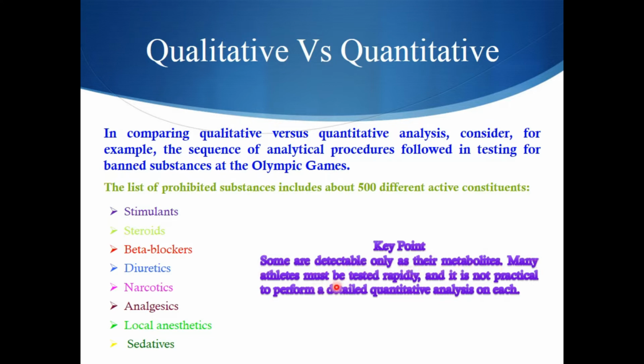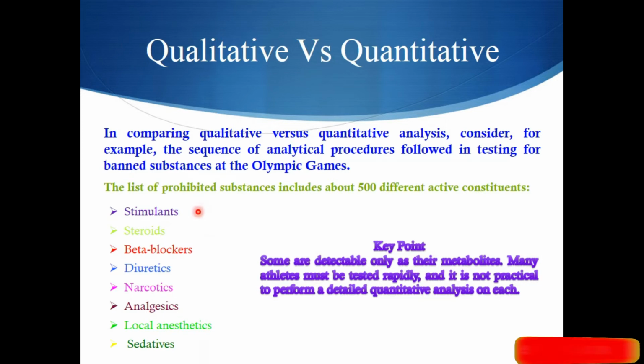Many athletes must be tested rapidly and it is not practical to perform a detailed quantitative analysis on each. So, for the detection of all these substances, it is not possible to perform a quantitative test for all of them.